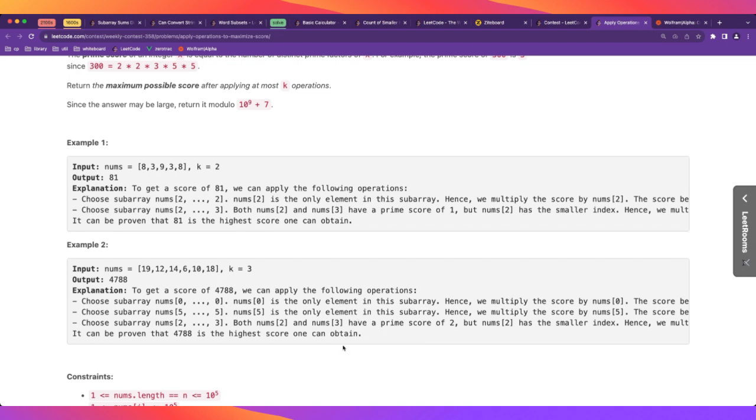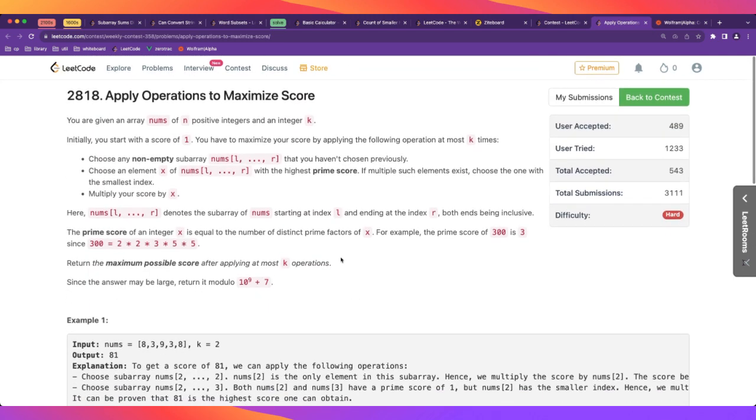The rest is just dealing with, for example, the factorization, and we need to know how we can figure out what is the next greater element for each element in the array. And luckily, that's a classic problem, which is usually called exactly that, next greater element. You can look it up.